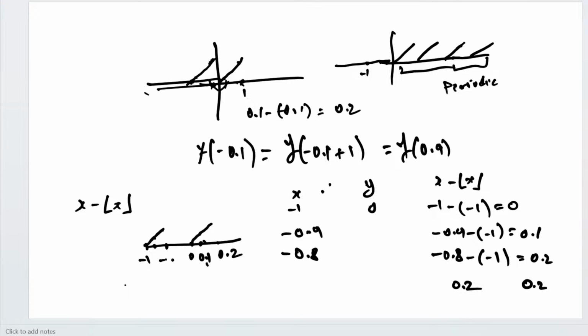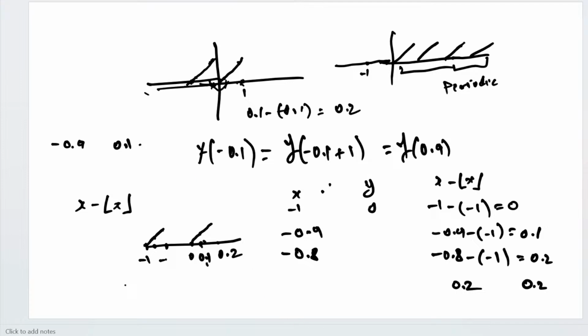And this one, what is the distance between minus 0.9 and 0.1? What is the distance from this point to this point? Here also we moved 0.1 units. Here also we moved 0.1 units. Understood?